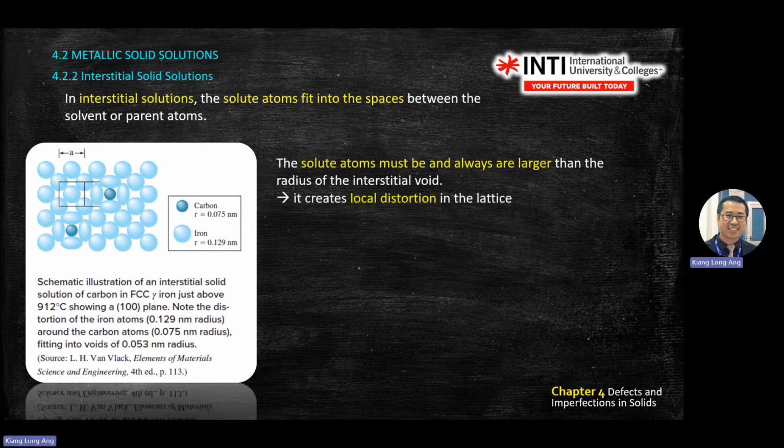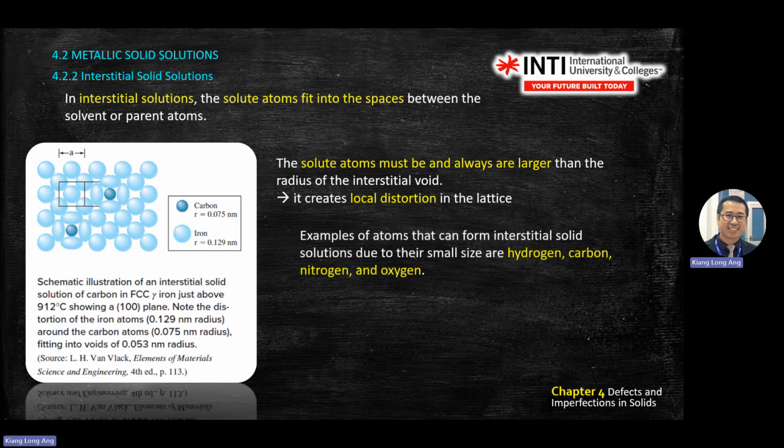So the solute atom must always be larger than the radius of the interstitial void, so it creates a distortion to the lattice. So smaller atoms like hydrogen, carbon, nitrogen, and so on.